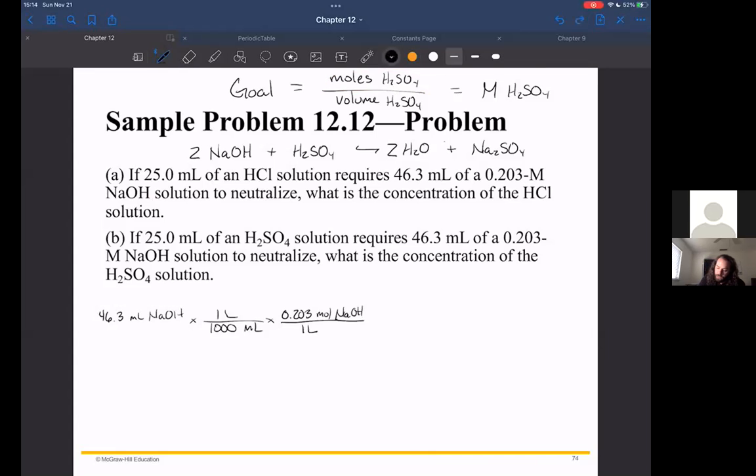That's my goal. So now I'm going to jump from moles NaOH to moles sulfuric acid by using the fact that 2 moles of NaOH are consumed along with 1 mole of H2SO4 in this reaction. So punch that into my calculator, 0.00469.